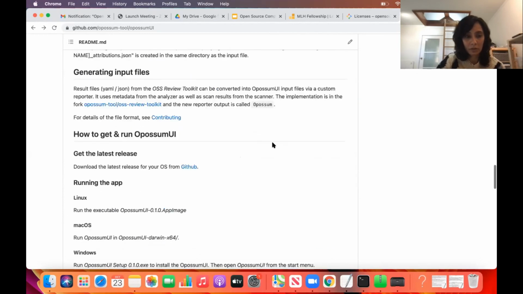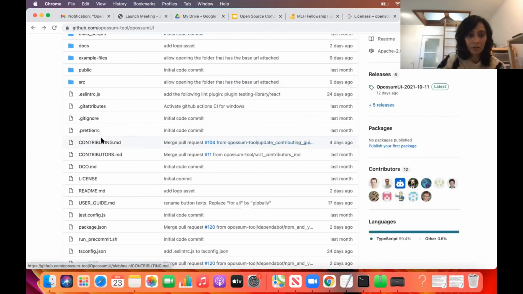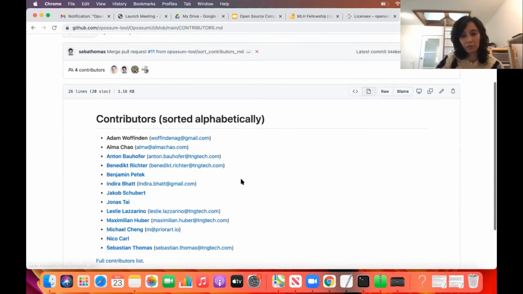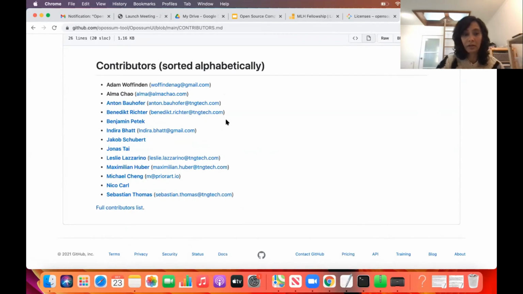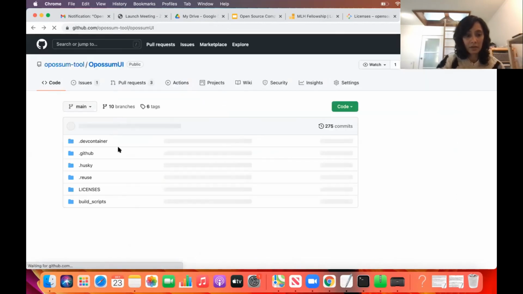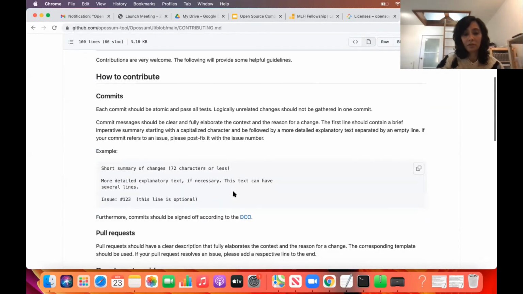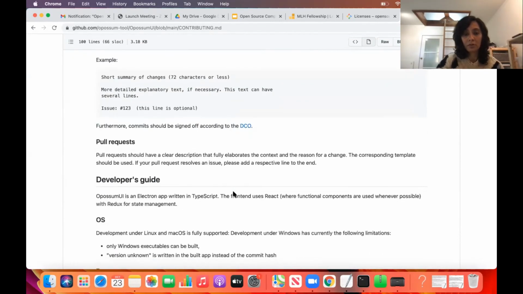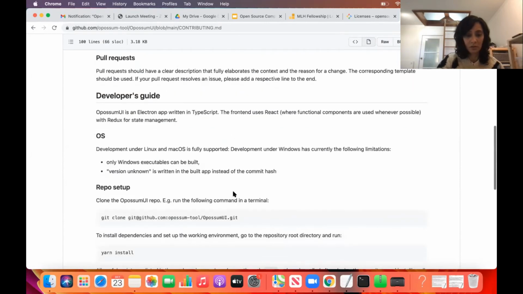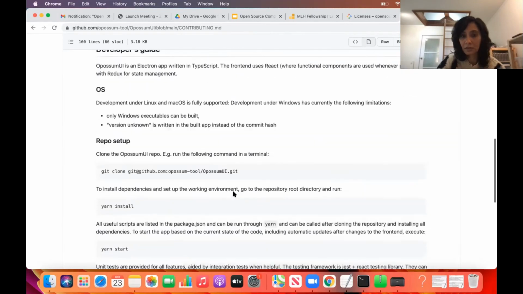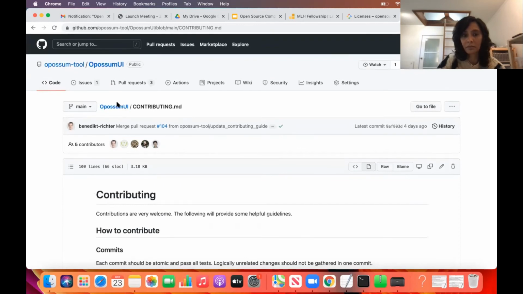There's also a contributors file, right? You can list your contributors there. And then you can have documentation on how to contribute, so you can have sign-offs. When people are contributing to your project, you also need to make sure that those people are okay with contributing the code to the project, and that code is also going to be open sourced and available under the same license that your project is licensed under, right?